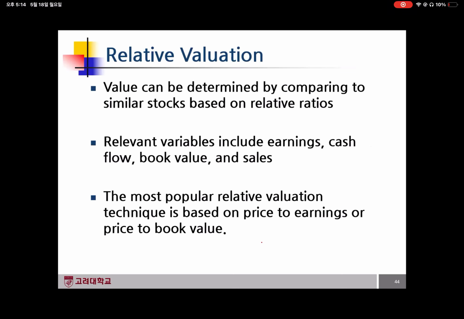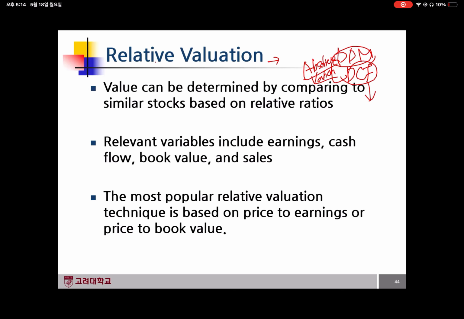Okay, from this part, let's do relative valuation. So the dividend discount model and the discounted cash flow model are absolute valuation concepts. If you apply these models, you get the value of a financial asset in absolute terms.